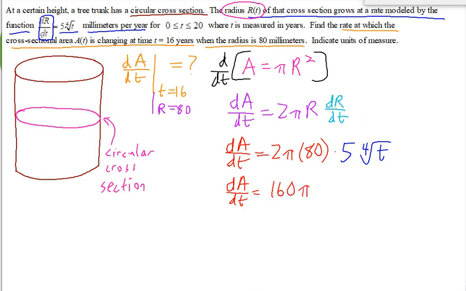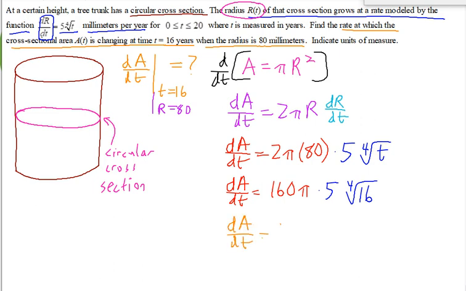And then we substitute in the 4th root of 16. So 16 for time, but the 4th root of 16 is 2, times 5 is 10, and 10 times 160 is 1,600.